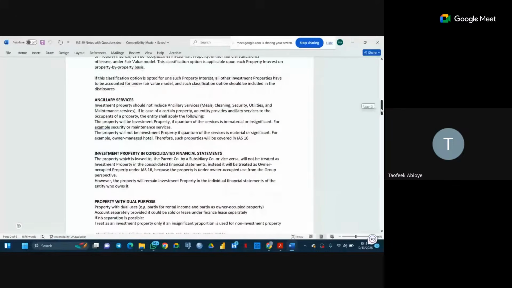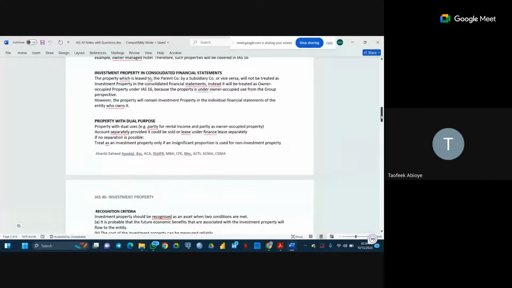Property with dual purpose. What do you mean by property with dual purpose? Property with dual purpose is a single property where some part is being used for investment property and some part is being used for administrative activities. Let's take for instance, the UBA building that we have at CMS.